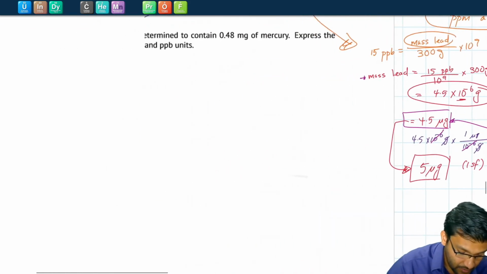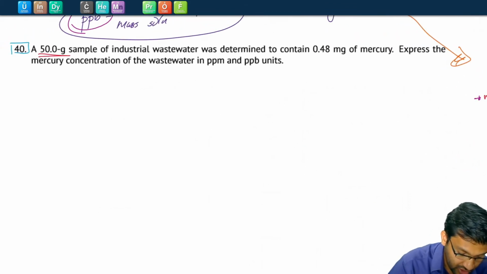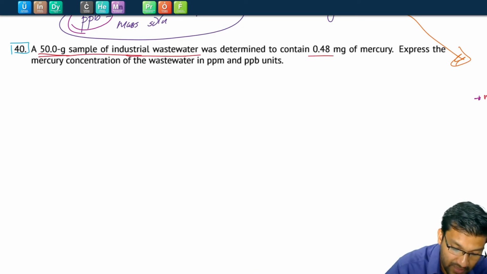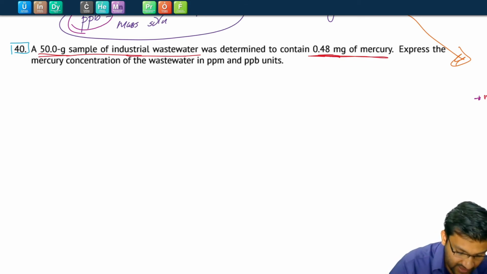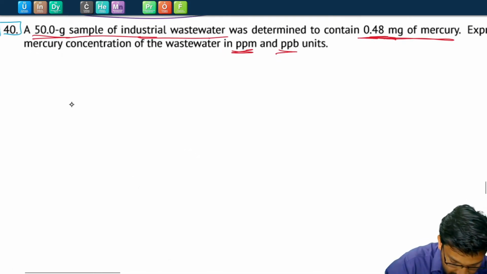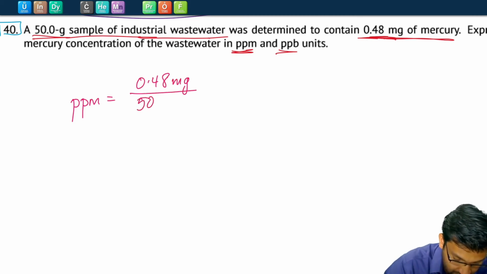Okay, let's look at number 40. Here we have a 50-gram sample of industrial wastewater, that's our solution, and it has 0.48 milligrams of mercury. Mercury here is our solute. Let's express this concentration in terms of parts per million and parts per billion. So let's do parts per million first. Parts per million is the mass of our solute, 0.48 milligrams, divided by our mass of solution, 50.0 grams.